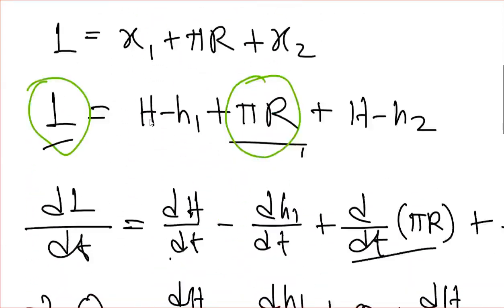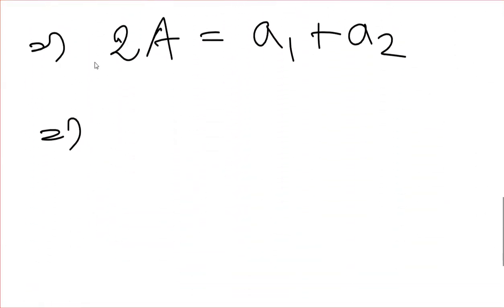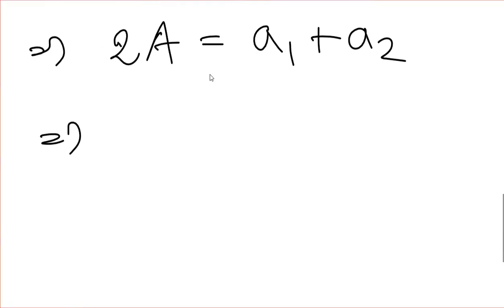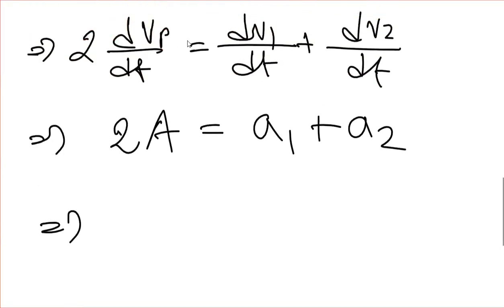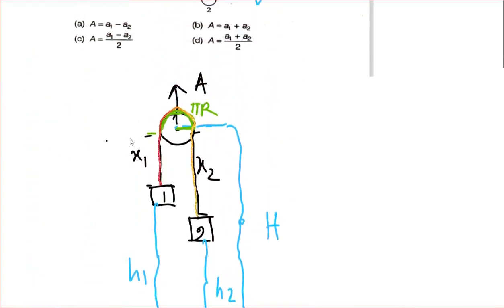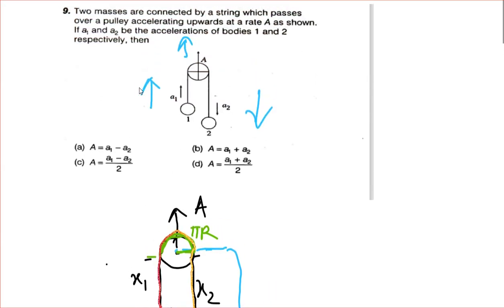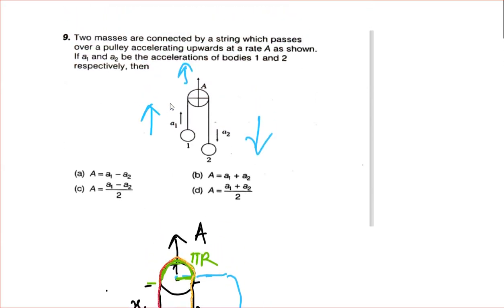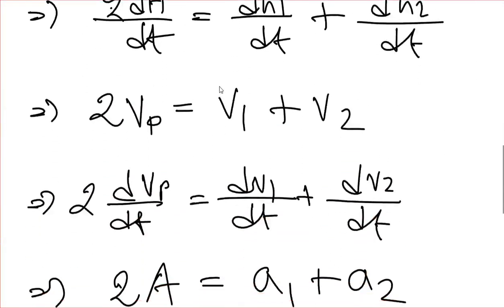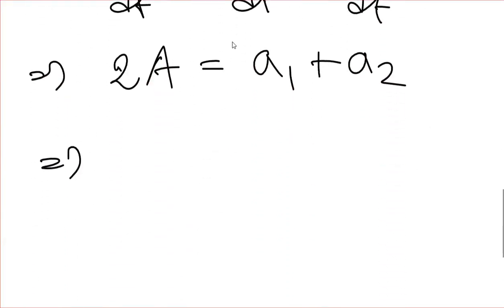So here the equation has everything in the positive direction, but the block or body 2 is in the negative direction. So this part will be minus a2.